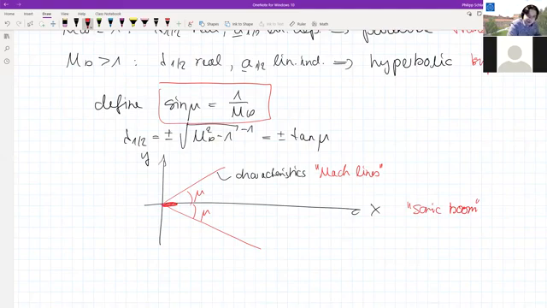One thing you can see is that if you increase the speed, if you're faster and faster, that means your Mach number goes higher and higher. That means that 1 over Mach is getting lower and lower, which then means that the sine of mu being lower and lower means that the angle is going lower and lower. So the lower mu is, the higher the speed.